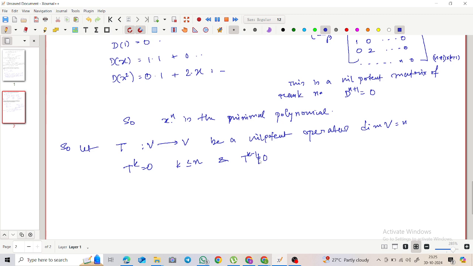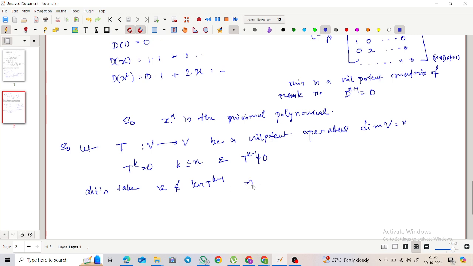So basically what we will do is, let's take v outside of the kernel of t to the power k minus 1.